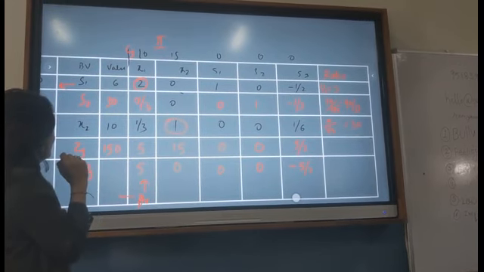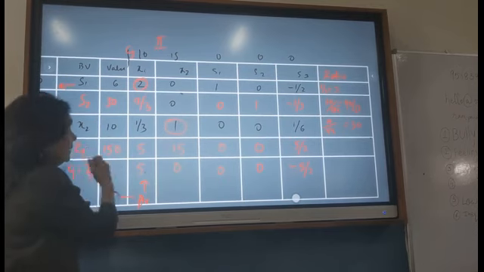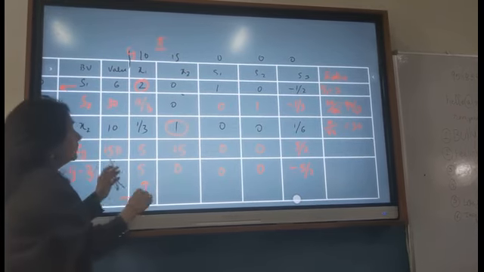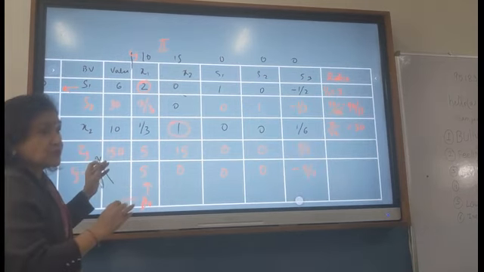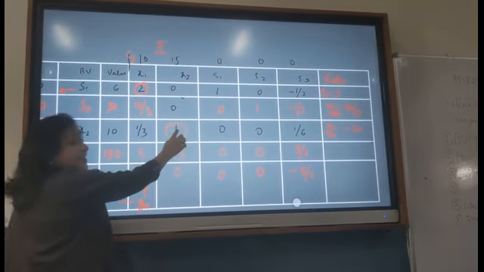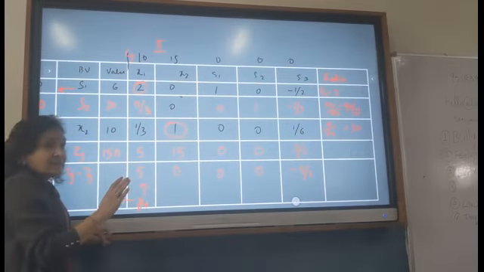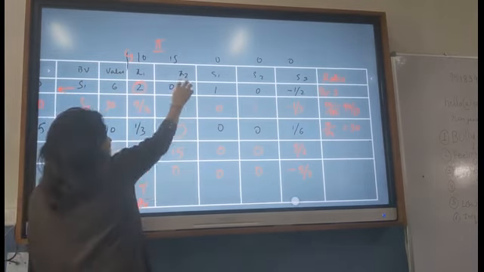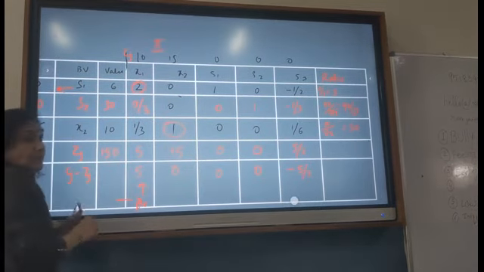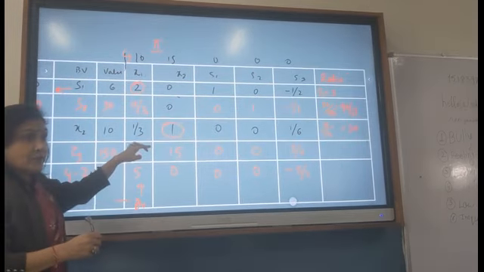Then how do I write my other rows? For that, we have to do certain row operations. The thing to remember is that you will always have 1 in the table at the place where x2 and x2 meet. Look here, the row has x2 and the column also has x2.